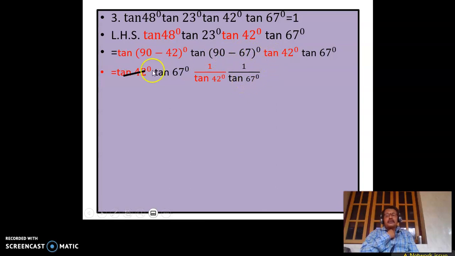So with tan 42 and tan 67 in the expression, this cancels and this cancels, and you will get 1.